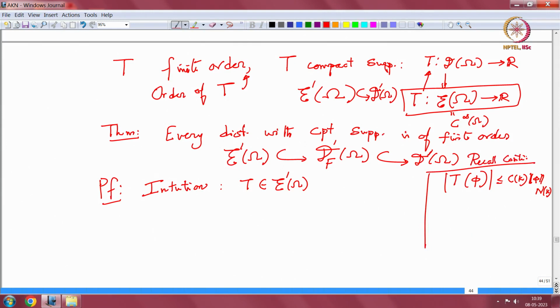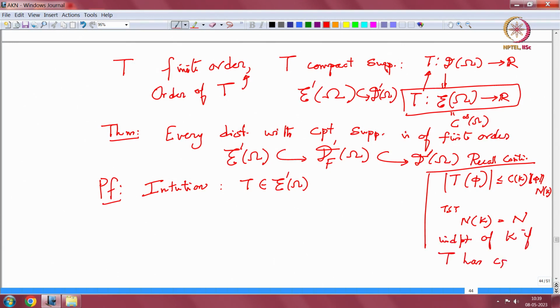So, if you want to show that T is of finite order, you have to show that n_K is equal to n, independent of K, if T has compact support. That is the theorem.